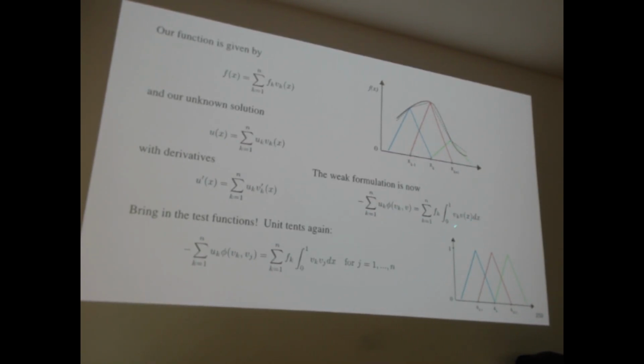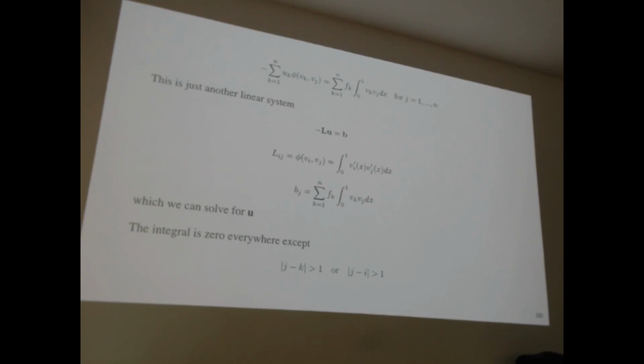And then the test functions you can use in the weak formulation are the same little tent functions. So you end up creating another linear system of equations where your individual matrix elements are these integrals over these analytical test functions, which you can calculate, and you can solve this system for you.